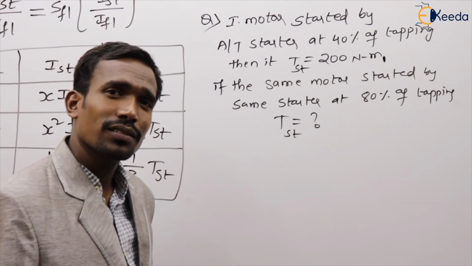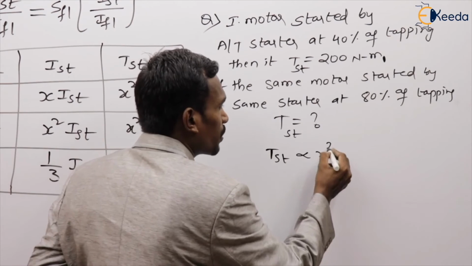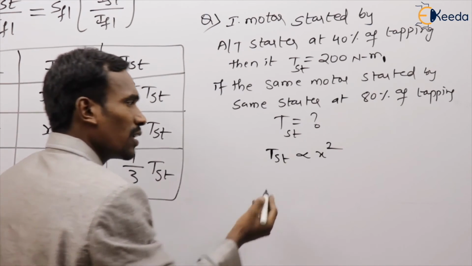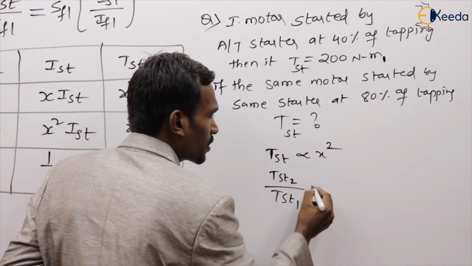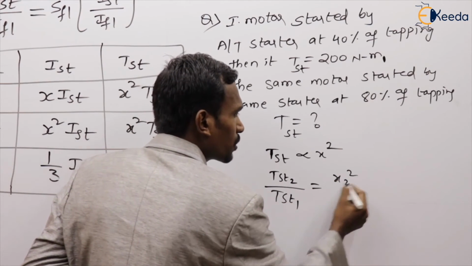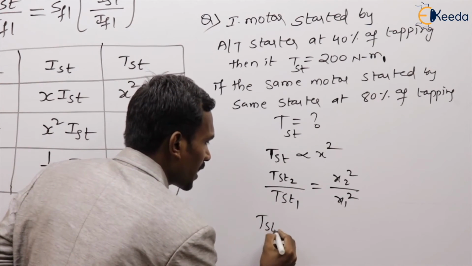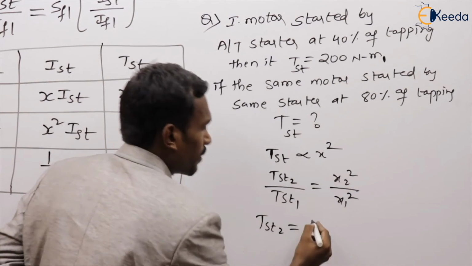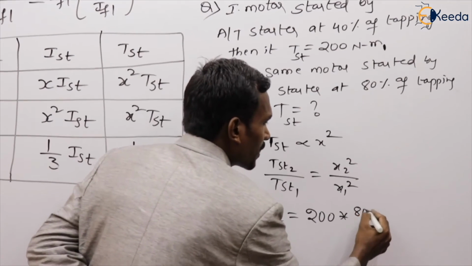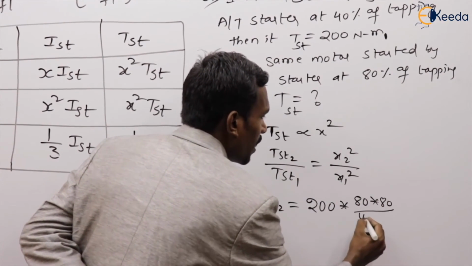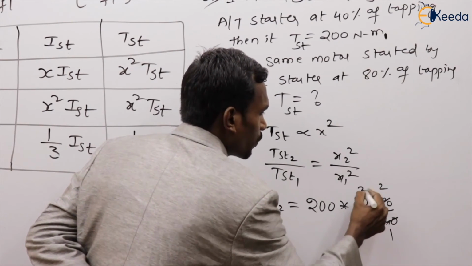The starting torque is directly proportional to x square. Nothing but the starting torque the second time by the starting torque the first time is equal to x2 square by x1 square. So the starting torque the second time is equal to 200 Newton meters into 80% into 80% by 40% into 40%.